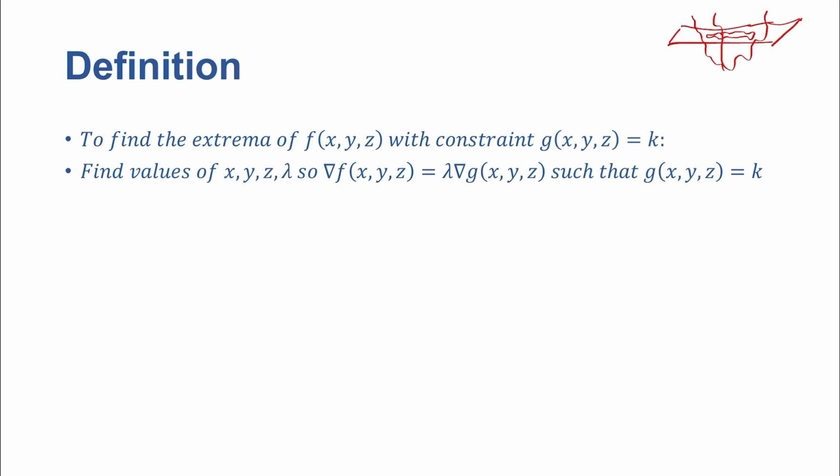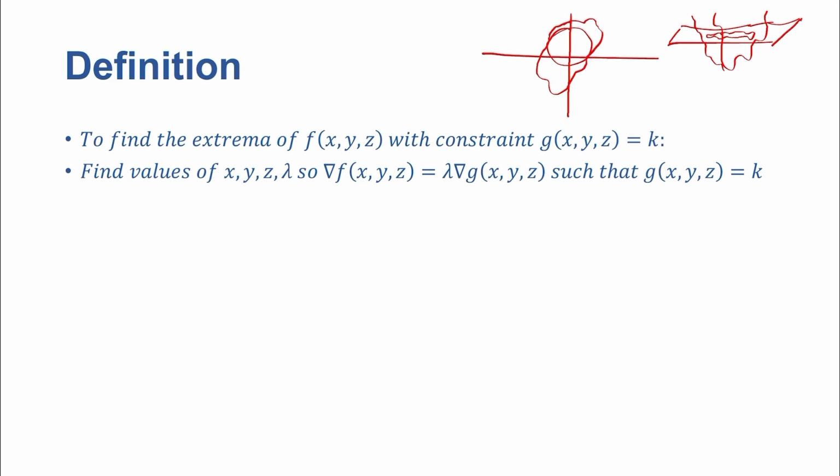So what we end up getting here is g of x, y, and z, which could be some sort of circle or some domain. So let's say we have a circle, and then we have the level curve of our function, that maybe looks like this.